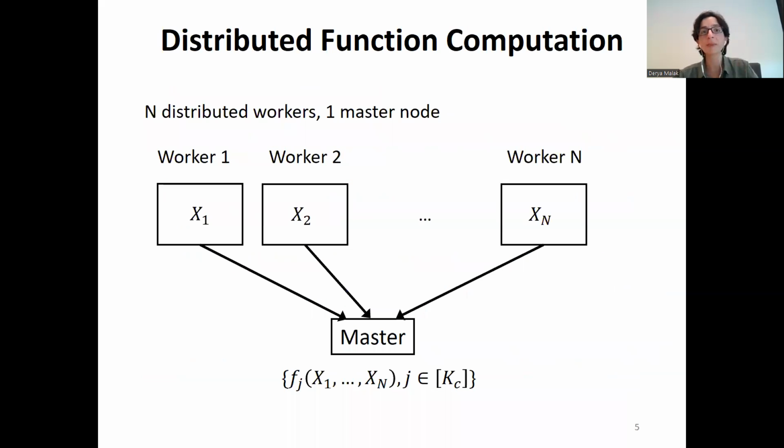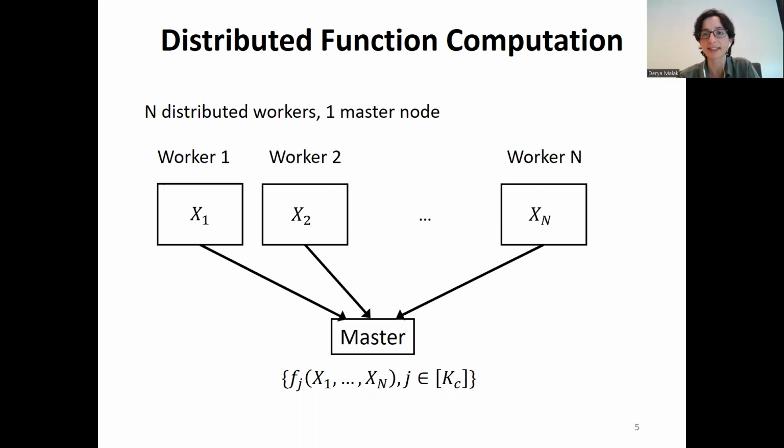So what do I mean by a distributed function computation setting? This setting includes multiple servers or workers. In this setting, there are n workers. Let's denote the data contained in worker i by X_i, and these X_i could be correlated. We have a master node that is interested in recovering a set of functions, f_j.